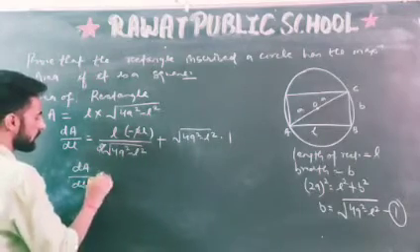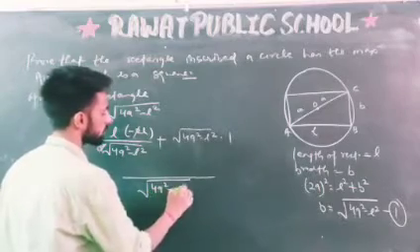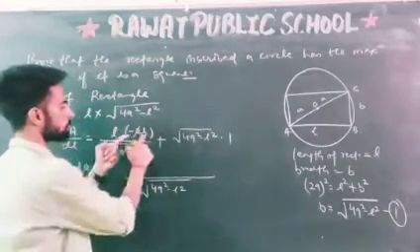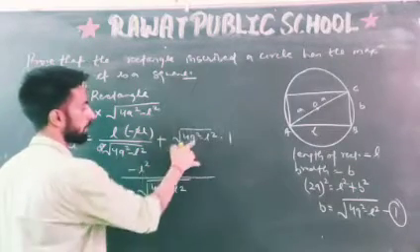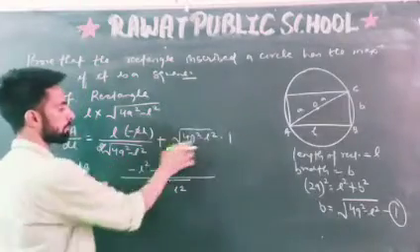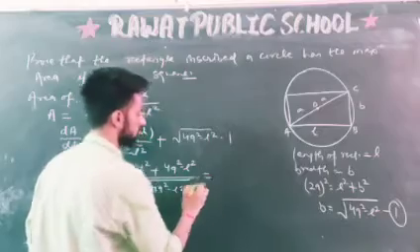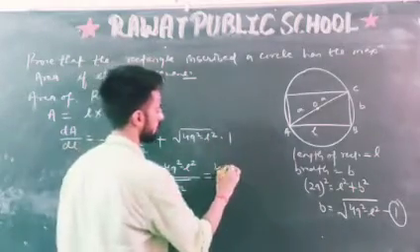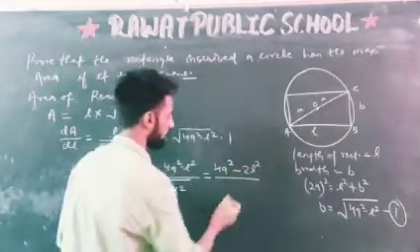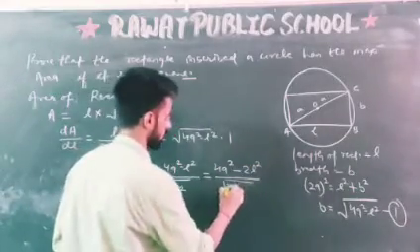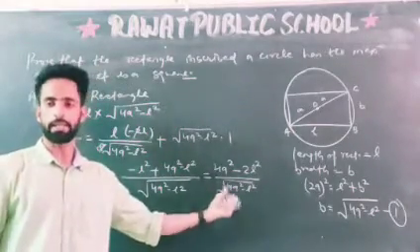So my dA upon dL will be equal to 4a square minus L square minus 2L square upon root of 4a square minus L square. So this is dA by dL.